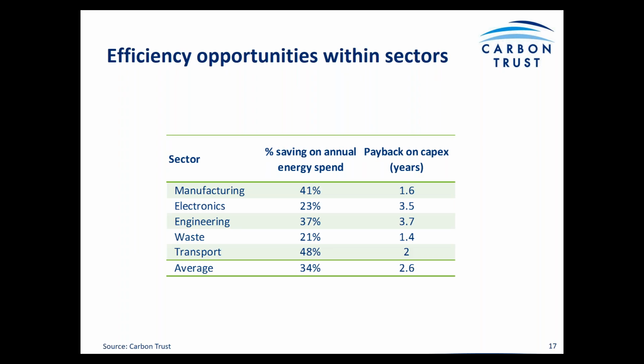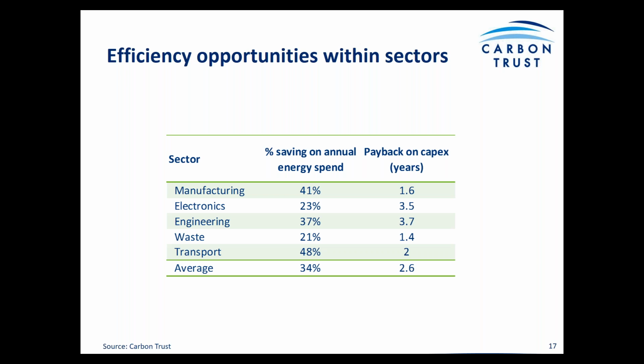On the other hand, it's important to bear in mind that there are clear opportunities in the supply chain of any organization, because cost savings could be achieved by working with suppliers to improve energy efficiency. Through our experience over the last 15 years, we have seen that between 20 and 40% energy cost savings are often feasible across sectors, with short paybacks on the required capital investment.